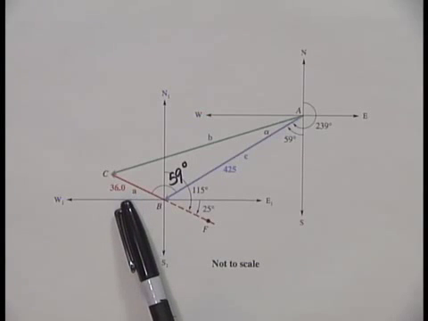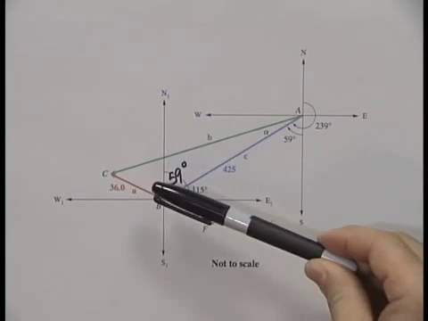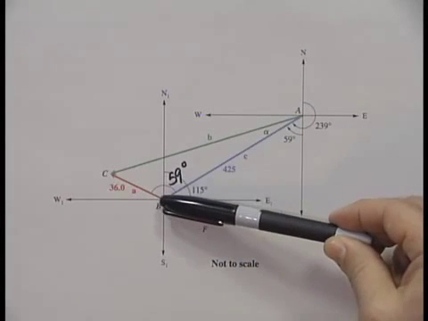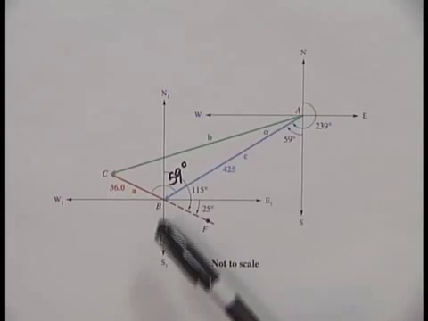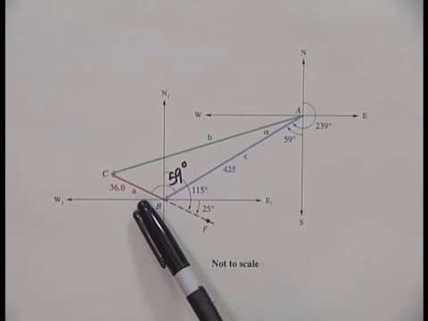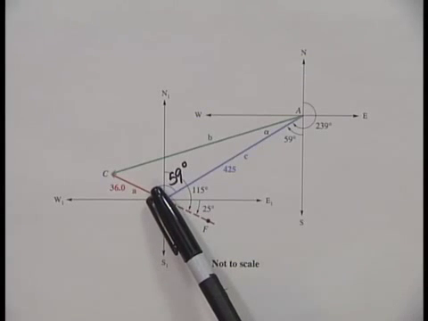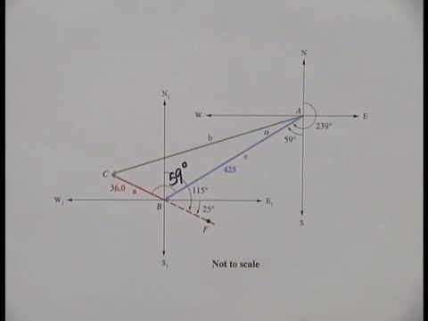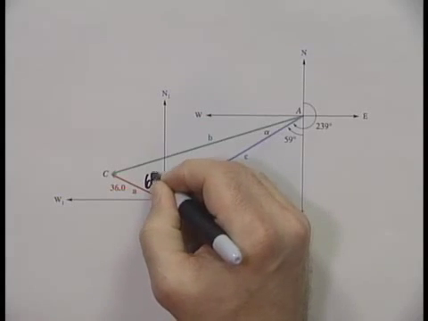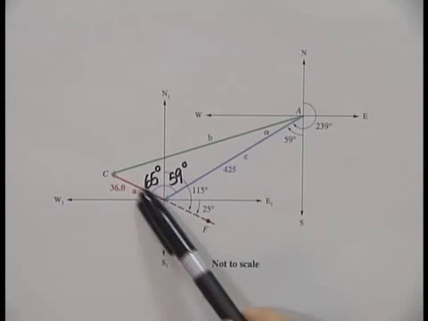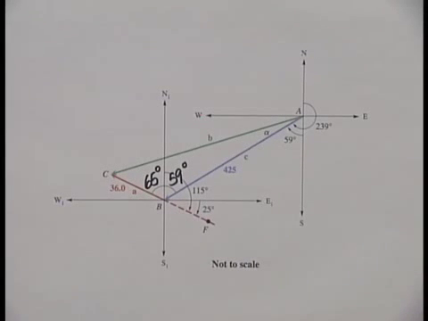The reason that's helpful is the angle inside here, which we can say is N sub 1 BC, is complementary with this angle of 25 degrees, and therefore this angle is 90 minus 25 degrees, so it's 65 degrees. So that means angle ABC is the sum of those two angles.